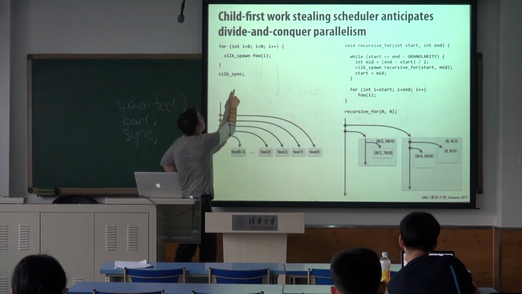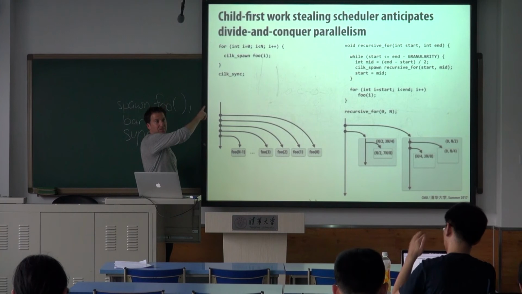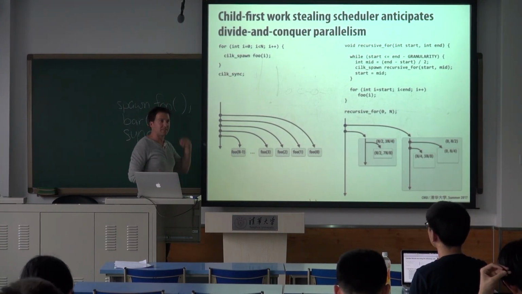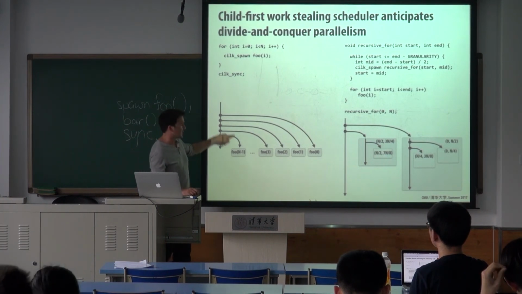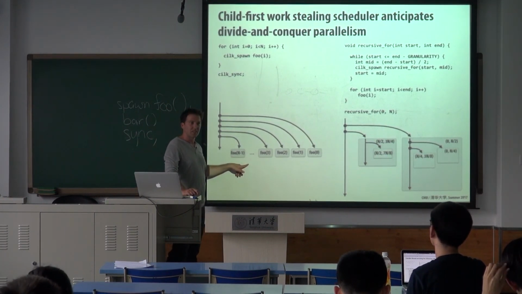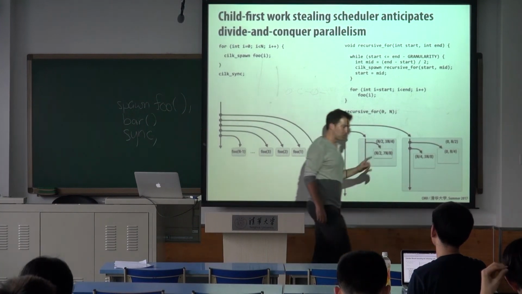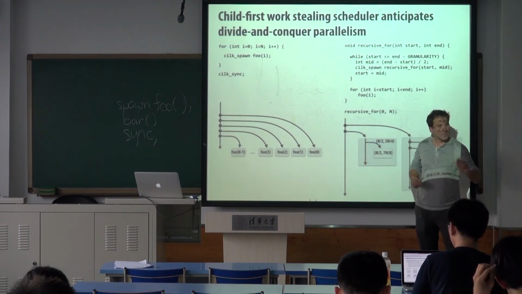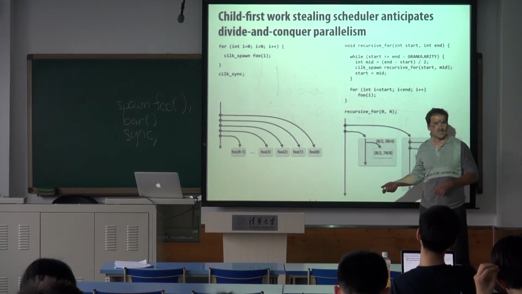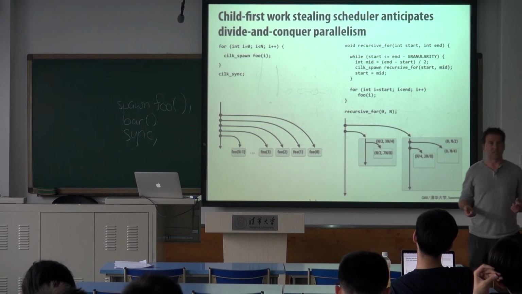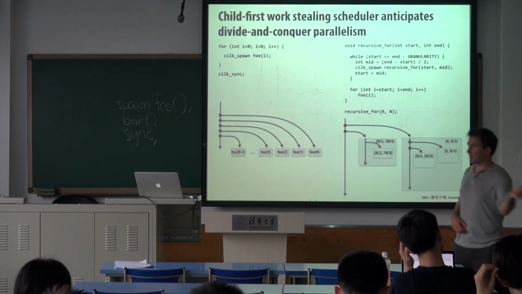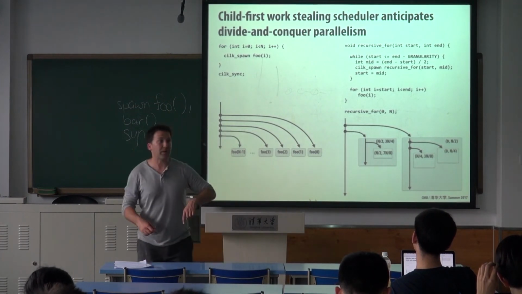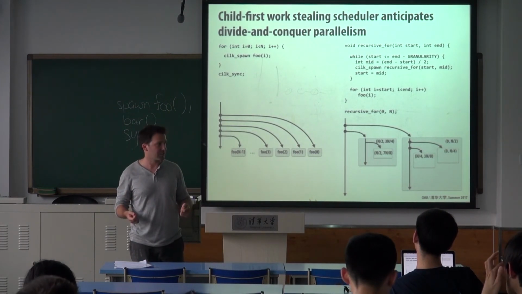So here's a for loop. This is the example I gave you before. For i equals 0 to 10, this is a completely parallel for loop, right? Every iteration can be done in parallel. And I showed you this graph. The problem here is that either way, if we run the child first, the continuation bounces back and forth between me and the end, and so the parallelism gets revealed sequentially.